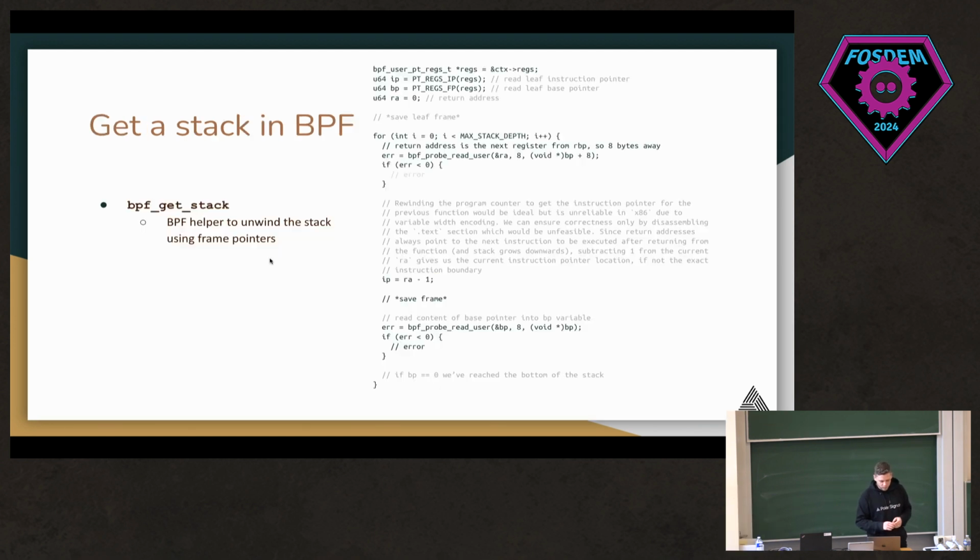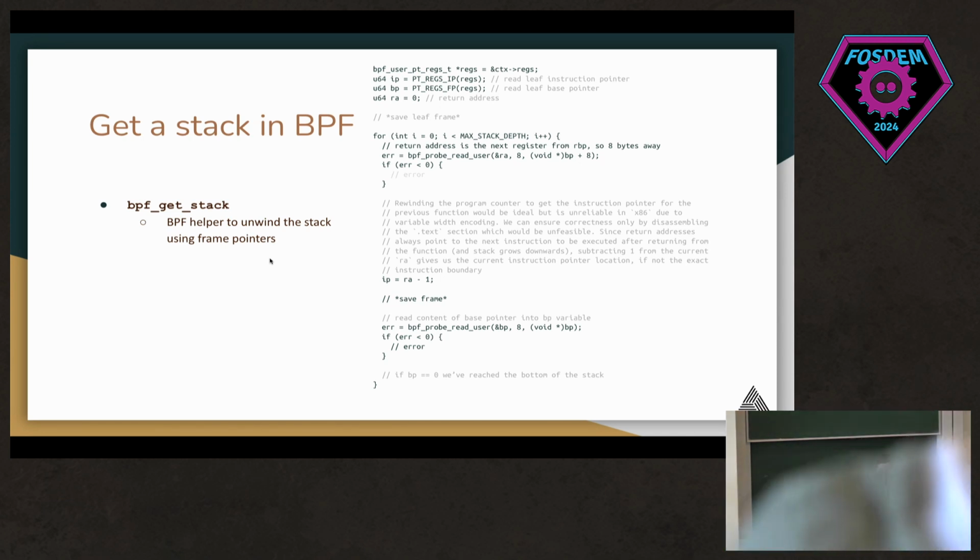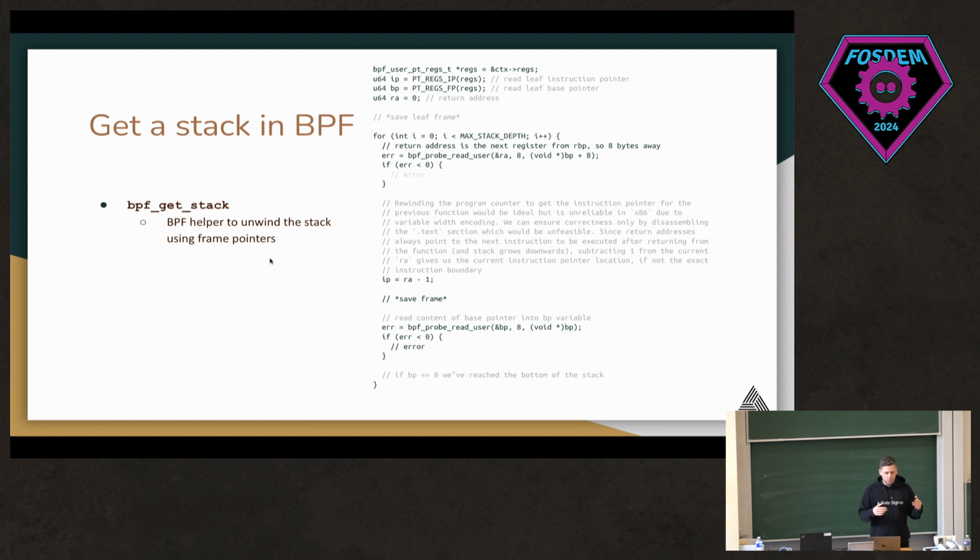And what we do is the stack unwinding, or stack walking, that I told you about two slides ago. Essentially, we start in eBPF, we get the context, we get the current stack pointer, and we look at the leaf of the stack, the very top, the currently executing function.